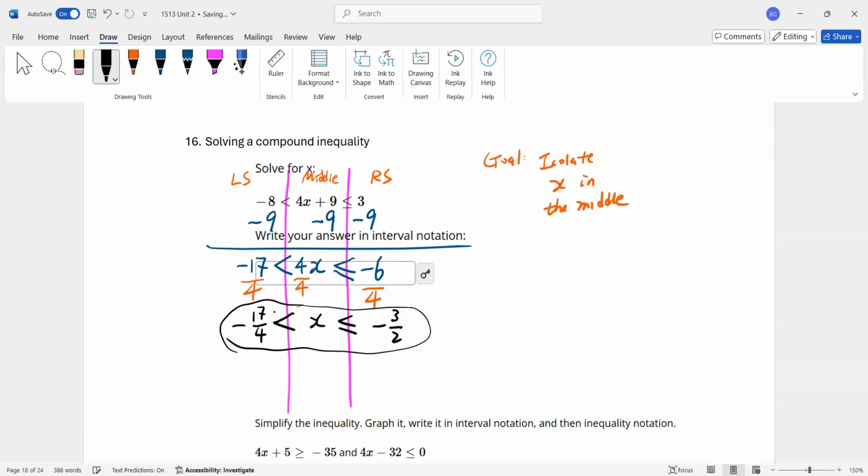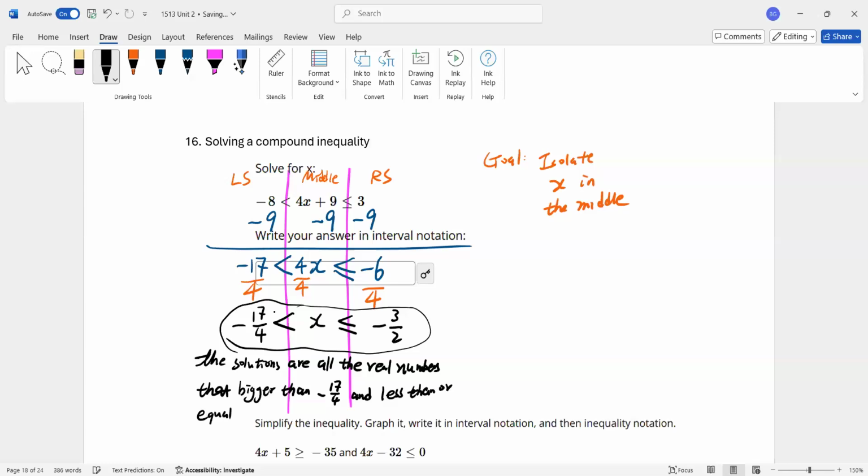The solutions are all the real numbers that are bigger than -17 over 4 and less than or equal to -3 halves.